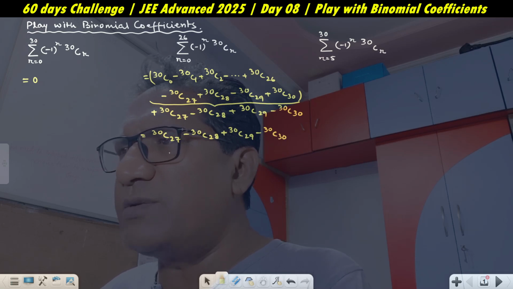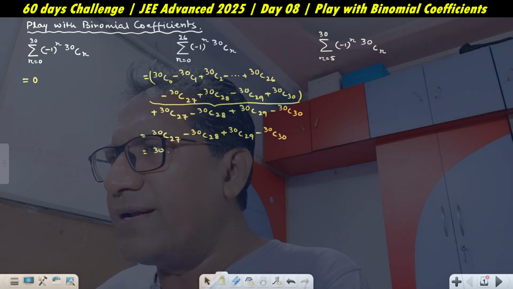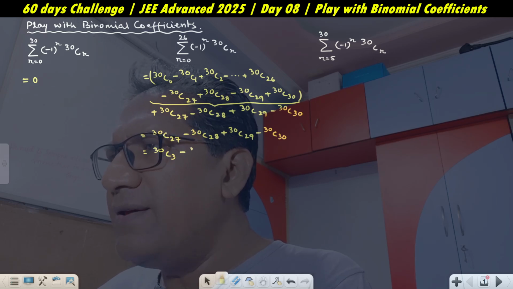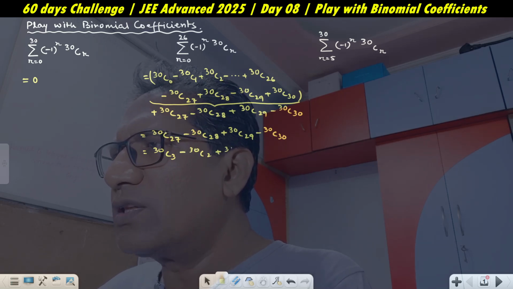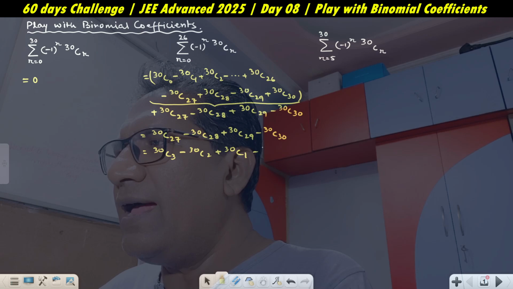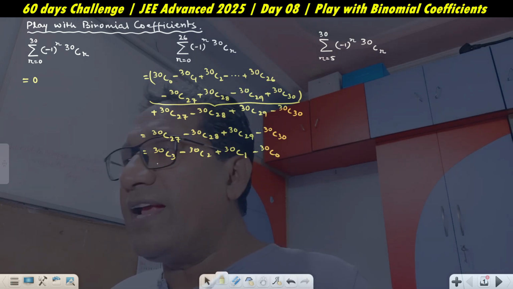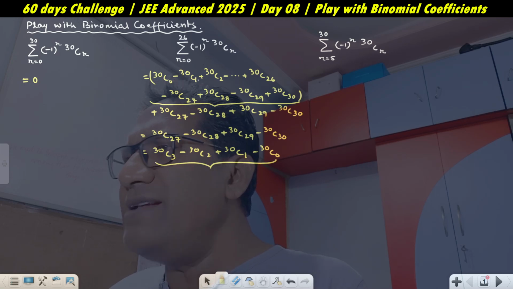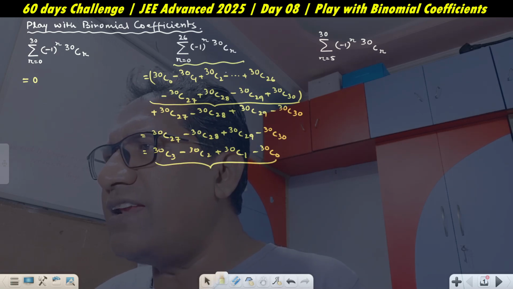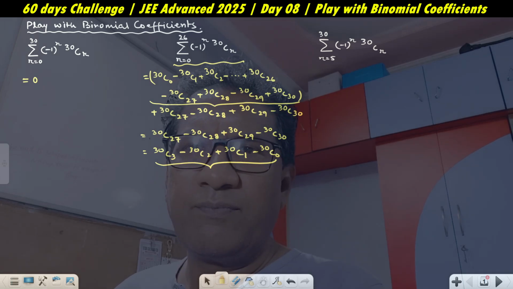This calculation is pretty simple. You can do it. It is 30C3, 30C2, 30C1, and 30C0, which is actually 1. So we can find out this sum, and the answer for this series will be this one.